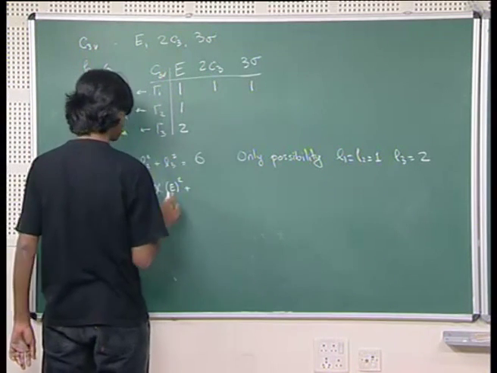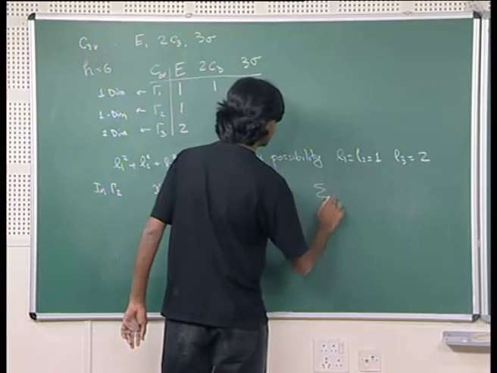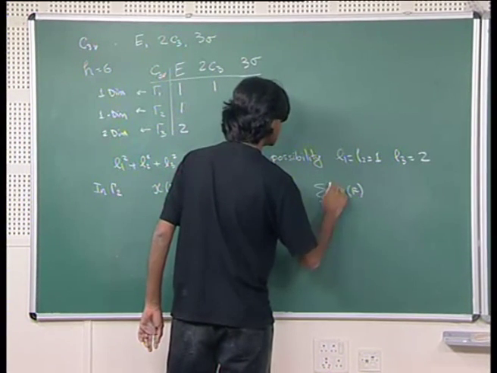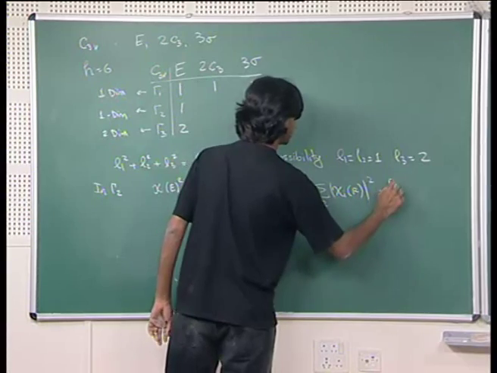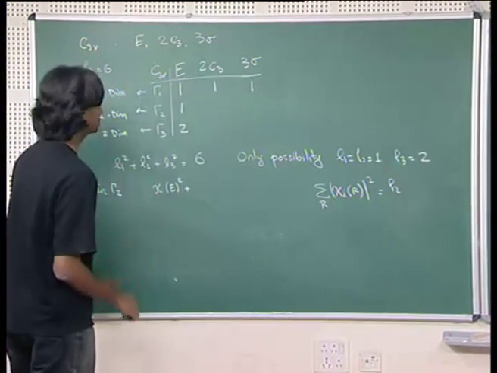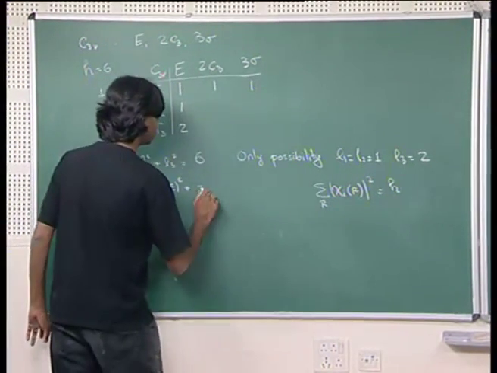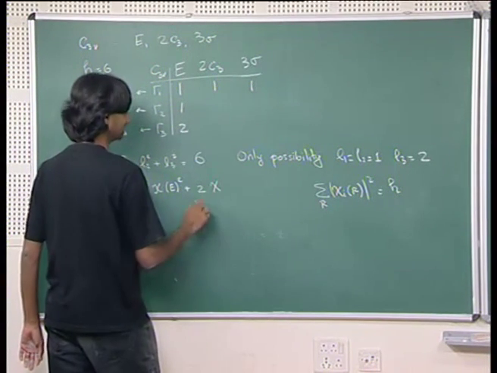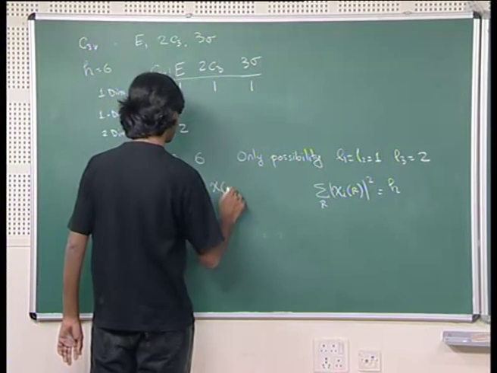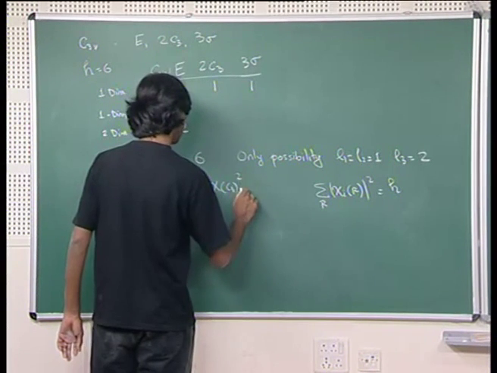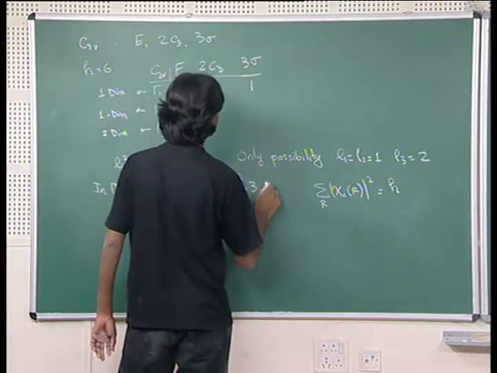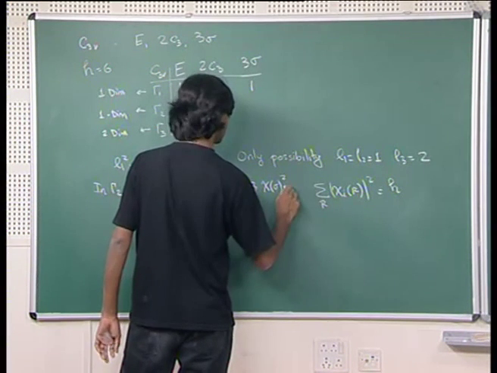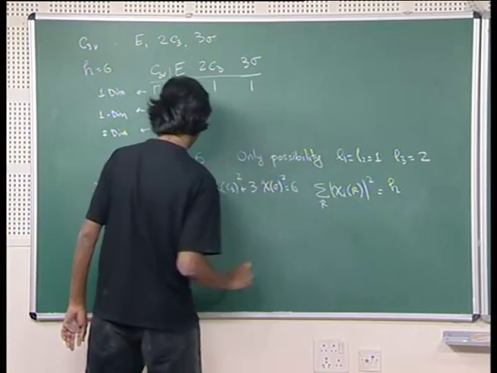So, we are using the sum over R of chi of R square equal to H. So, chi of E square plus 2, since there are two operations in class C 3, each of them has the same character, plus 3 chi of sigma square, this is equal to 6.